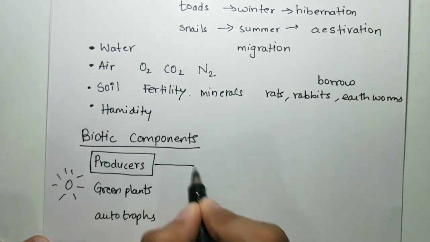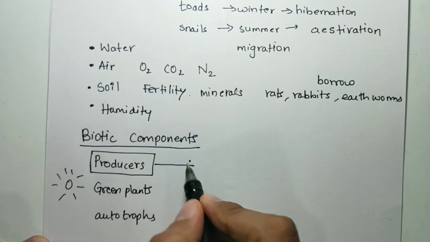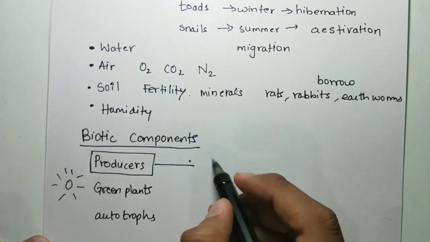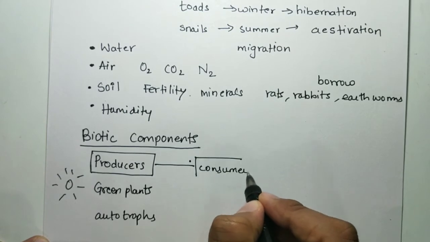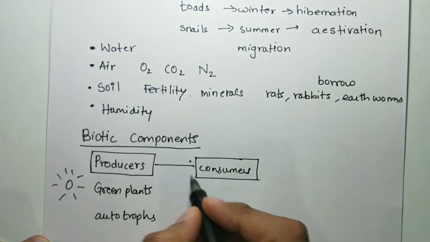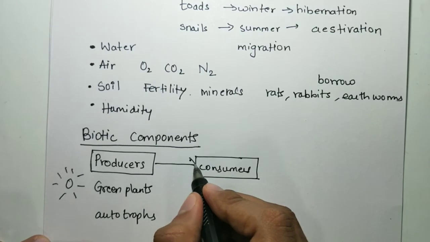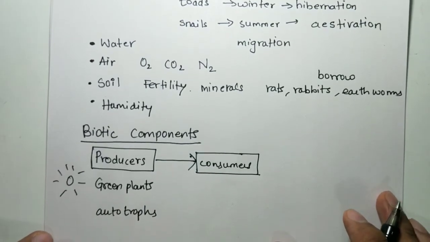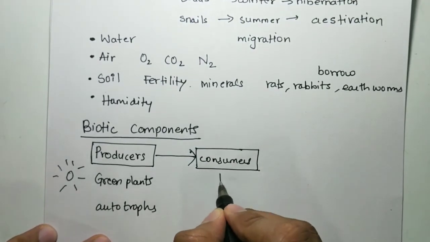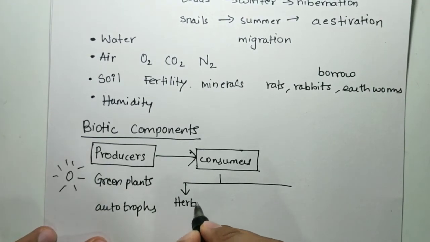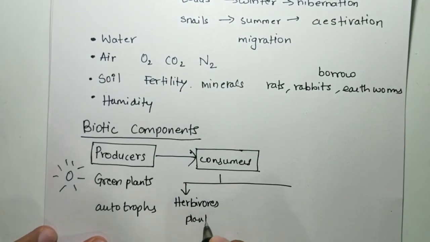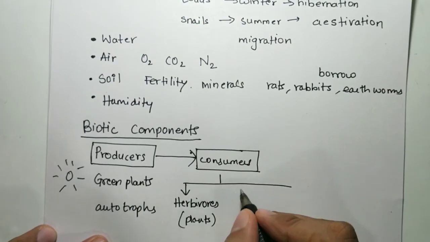Now, plants are eaten by, the next level is consumers. Now, consumers can be of different types. They can be herbivores. Herbivores means those who eat only plants. They are called herbivores.